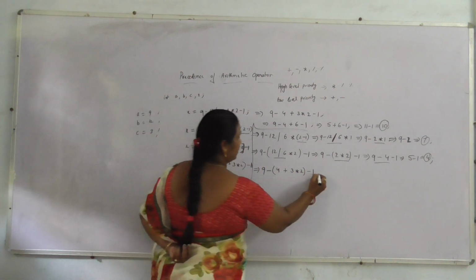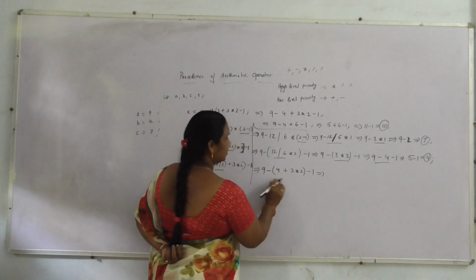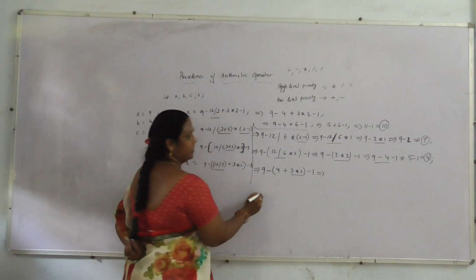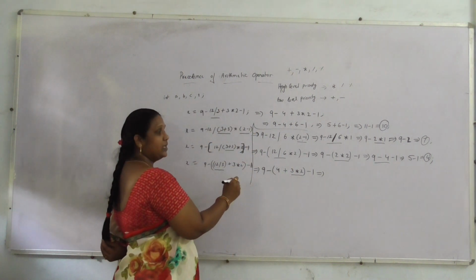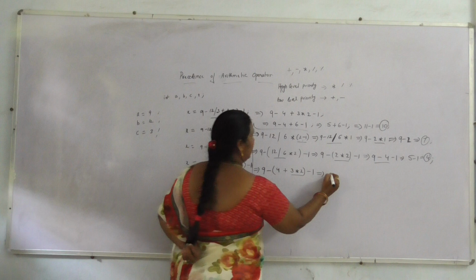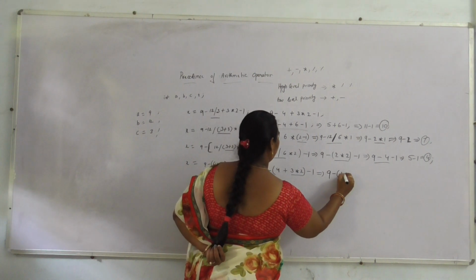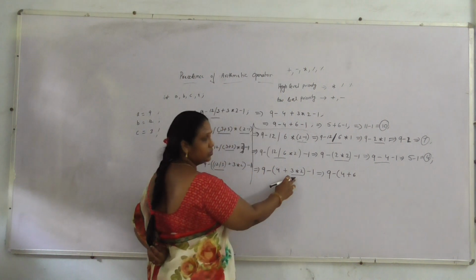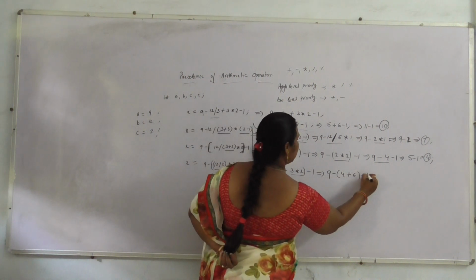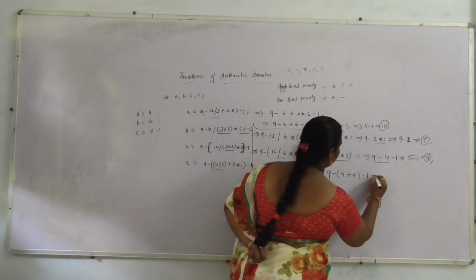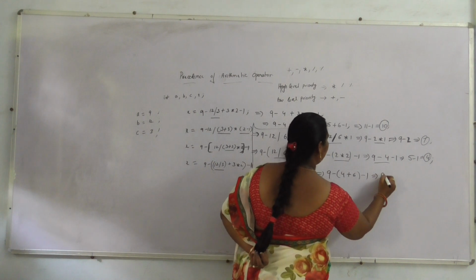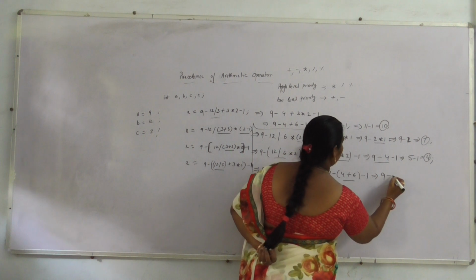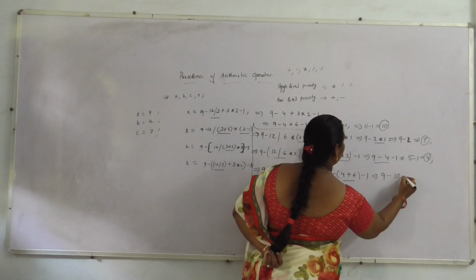Again 3 asterisk 2 is 6, so 9 minus 4 plus 6 minus 1.